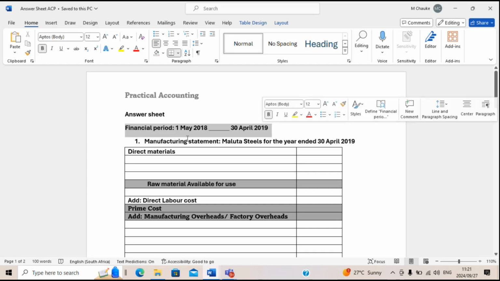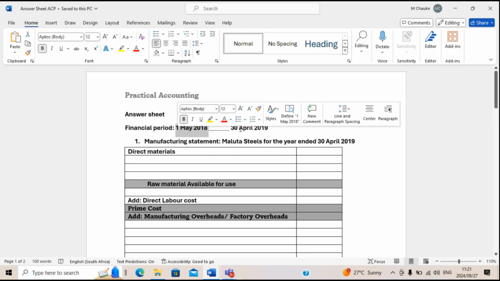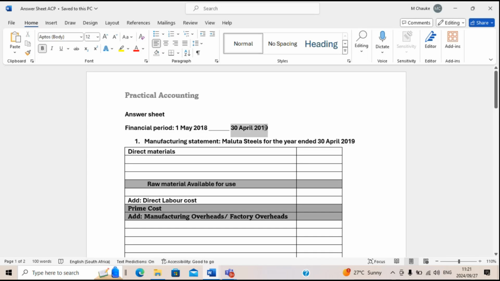Outlining the period assists you to determine the opening balances based on the period provided, and the closing date helps you to determine the closing balances. So any balance of 1st of May 2018 is an opening balance, and any balance of 30 April 2019 is the closing balance.